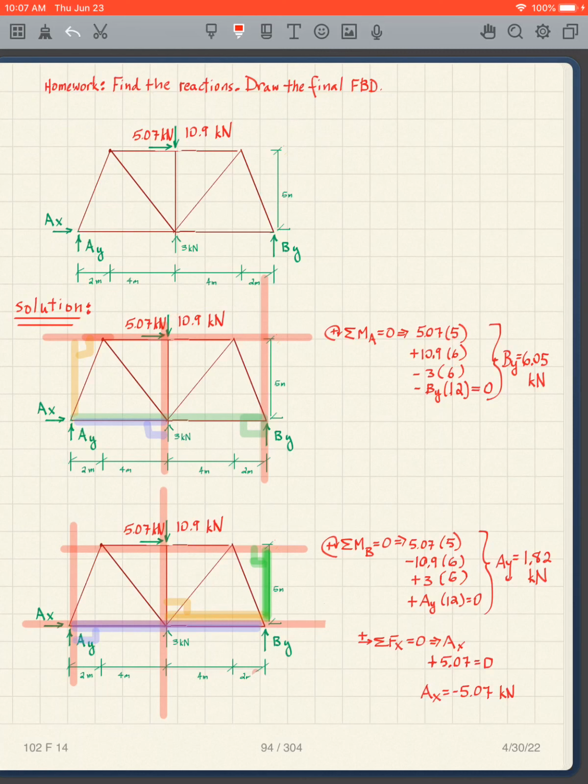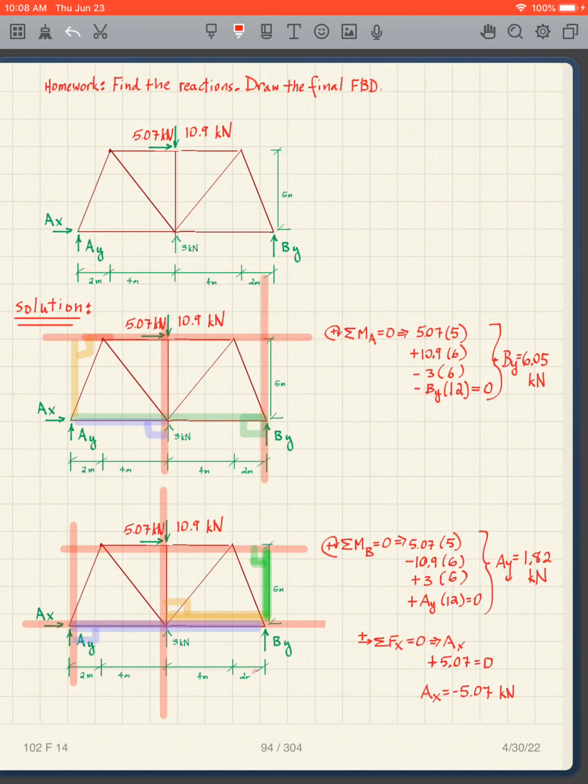And we have BY times this distance, which is 12 meters. And we have 3 kilonewtons times this distance, which again is 6 meters.